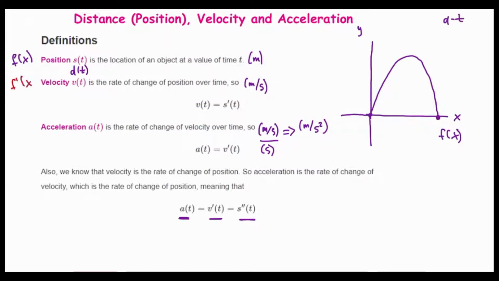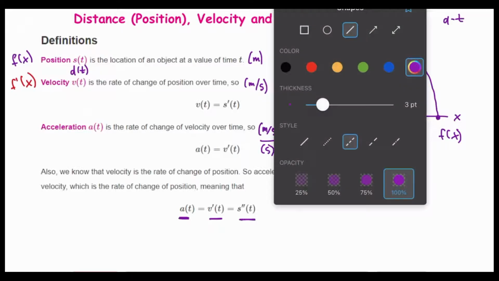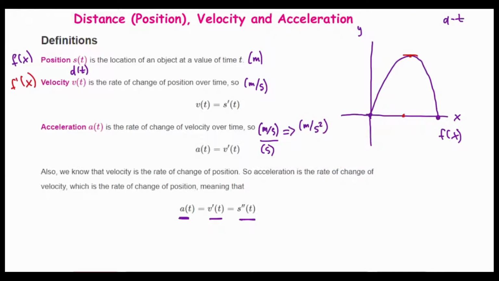F prime x is going to be something like this. I know when there's a local maximum, my derivative has a value of 0. So this is my velocity of my ball.